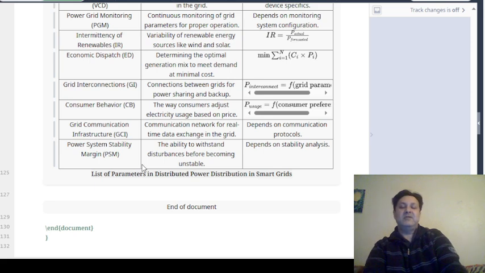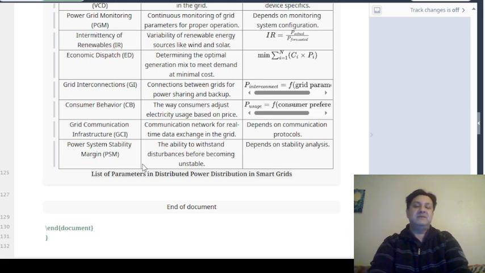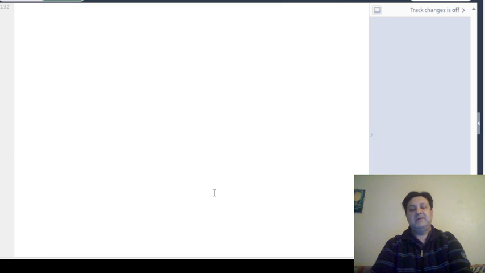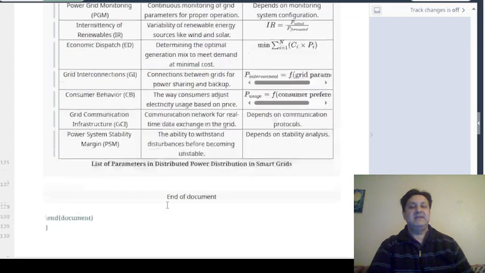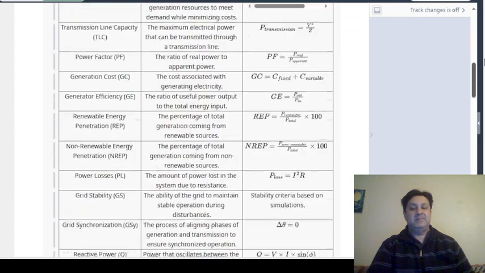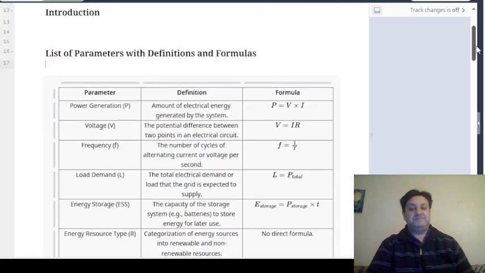If the error or any unforeseen condition happens and it is beyond the control, then you have to have a standby system. So these are some of the important parameters that we have to see before designing the smart grid for transmission or distribution.